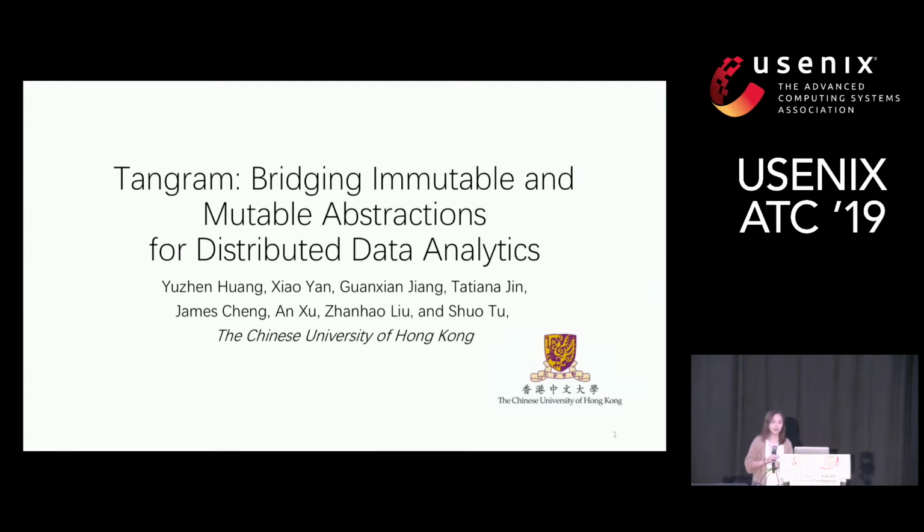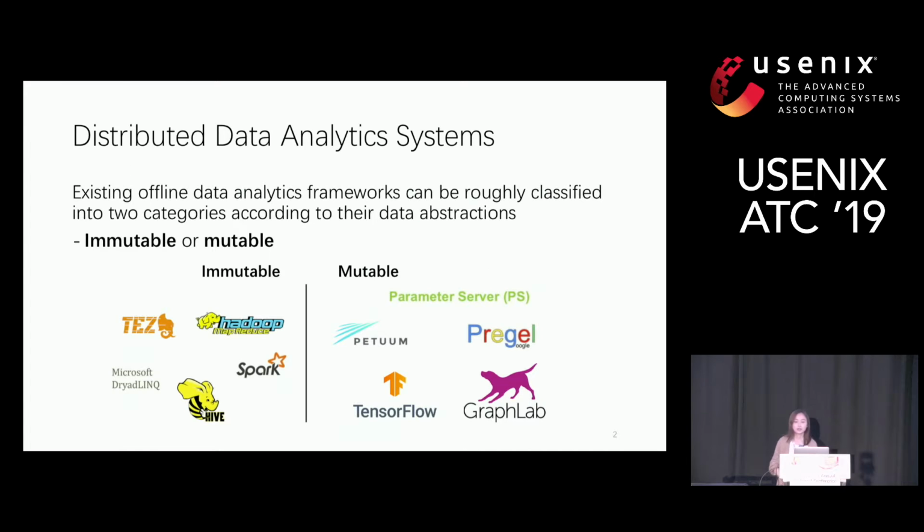Hello, everyone. The main idea of our work is to bridge the immutable and mutable data abstractions through a new programming model called map update. We can roughly classify existing offline data analytics frameworks into two categories according to their data abstractions, immutable or mutable. Bulk processing systems like Spark generally adopt the immutable data abstraction, and let's call them immutable systems.